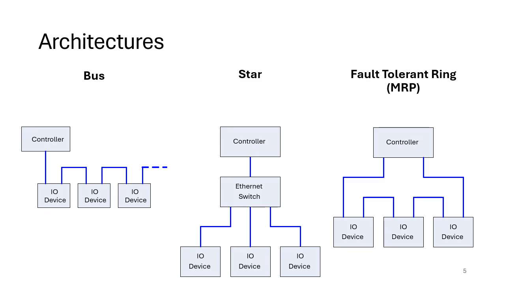Many PROFINET I/O devices have a built-in network switch with 2 ports. So what that means is you can connect your controller to the first port. The second port can then be connected to the first port of the next I/O device. That I/O device can then have its second port connected to the next I/O device and so on. So you can create a daisy chain architecture with no additional hardware.